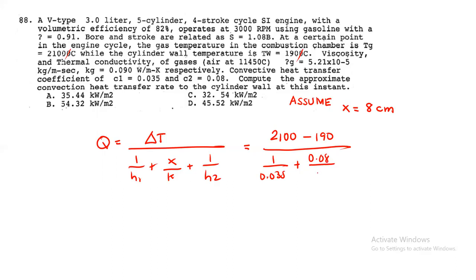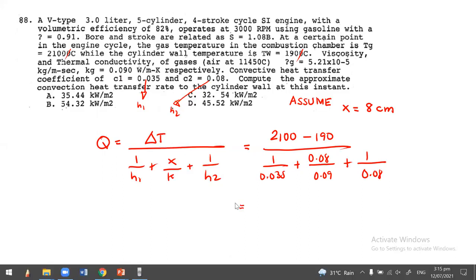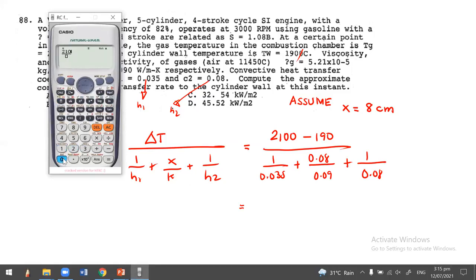Ano yung k natin? 0.090 plus 1 over h2. Ang h2 natin is 0.08. Ito is h1 at saka h2 to, no? 0.08. Ito is h1. Ito is h2. Ilan makukuha natin dito? 21 minus 190 divided by 1 over 0.035 plus 0.08 over 0.09 plus 1 over 0.08.